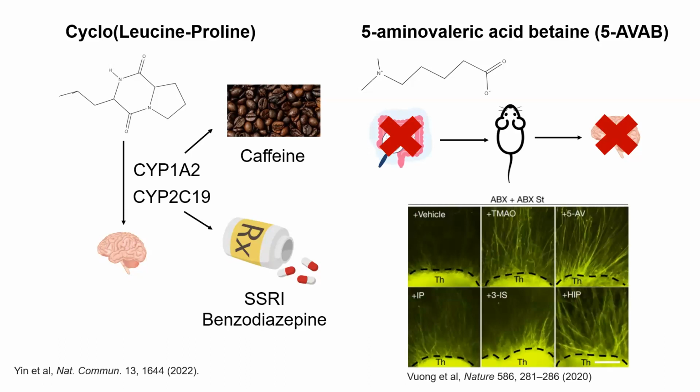And then if we look locally in the brain, it's also been shown in a study in Nature a few years ago that in germ-free mice, if you supplement them with this metabolite, you actually stimulate the production of new axons. So it seems like this metabolite has some kind of effect locally in the brain, although we don't know exactly what it is, of course. So it's something for the future, for sure, to look more at.